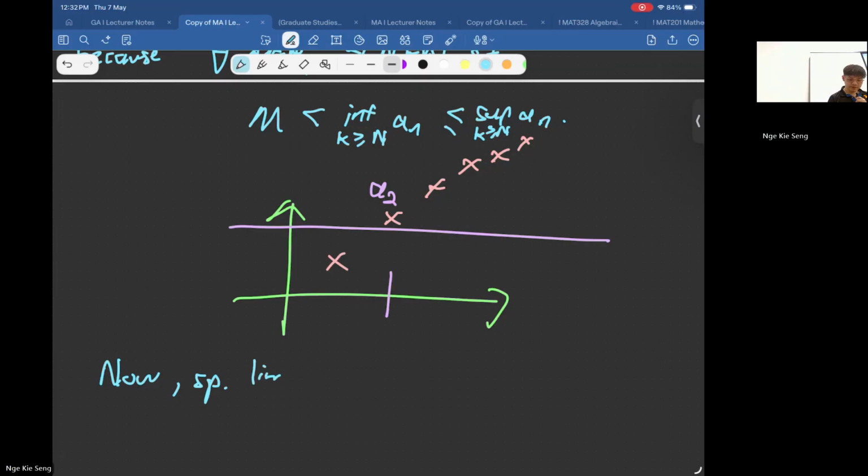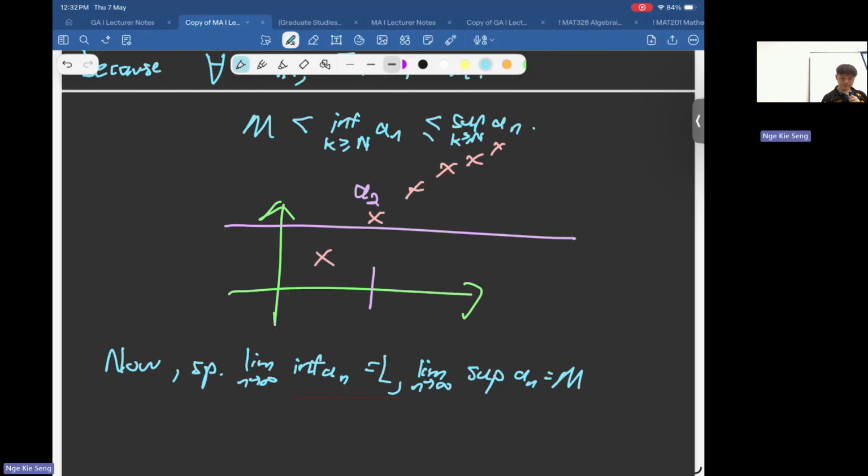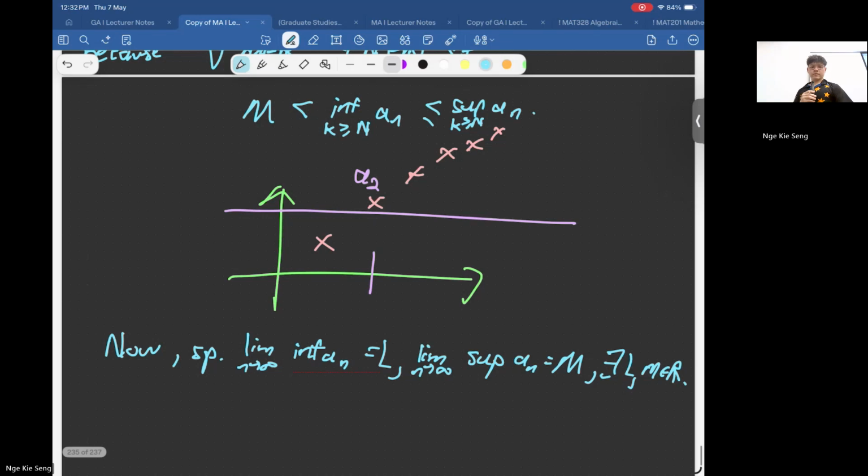Suppose lim inf is L and lim sup is M, for some L, M in R. So what do we do now?